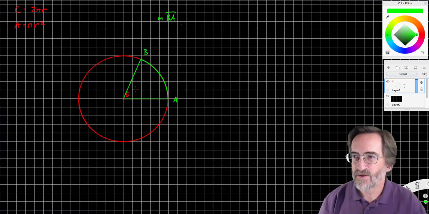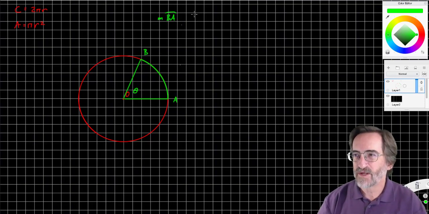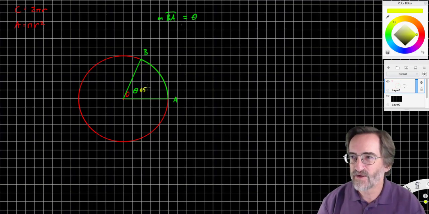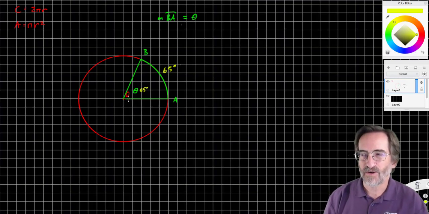So let's call this angle theta, right? The measure of arc VA is theta, the central angle. Okay, so we can indicate, for example, that the measure of the central angle is 65 degrees. We can put it there. We can also put it there, right? The measure of arc VA is 65 degrees, as opposed to arc length.